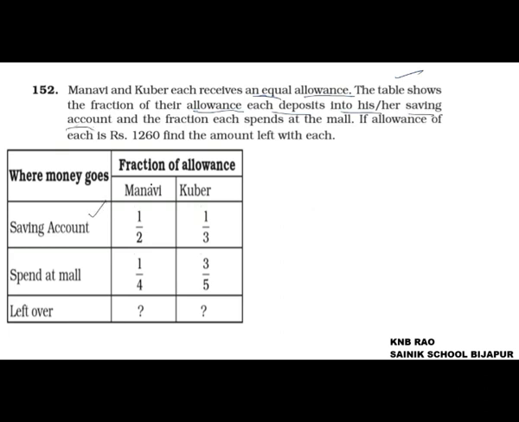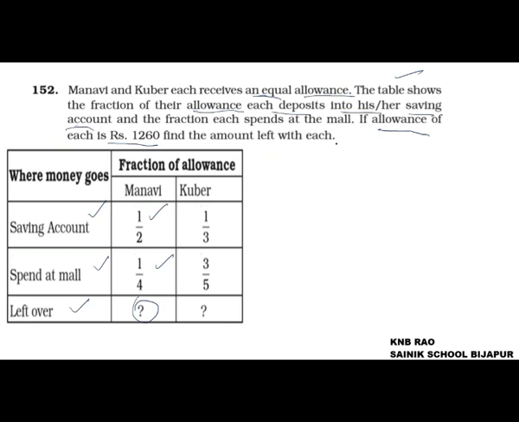So savings account, how much they deposit in fraction, how much they spend at the mall in fractions. Now what will be their leftover money? That is what they are asking us to find. Now if they get 1260 rupees as their allowance, then how much is the money left over? This is what we are asked to find.